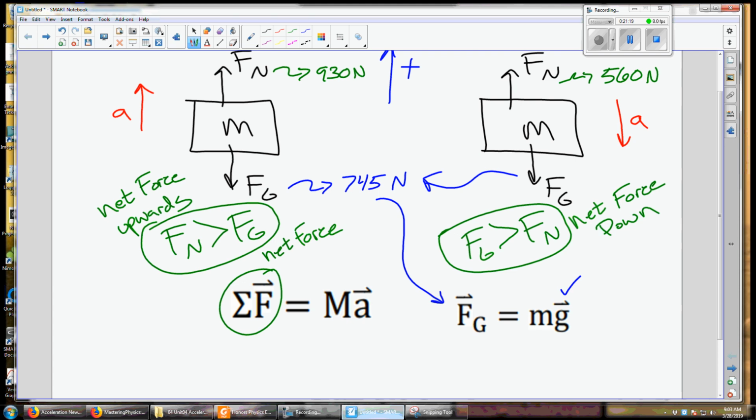Where the M comes from? The M I'm going to get from using my definition of gravitational force, my weight. Because I know F sub G, and I know... You good? Okay.